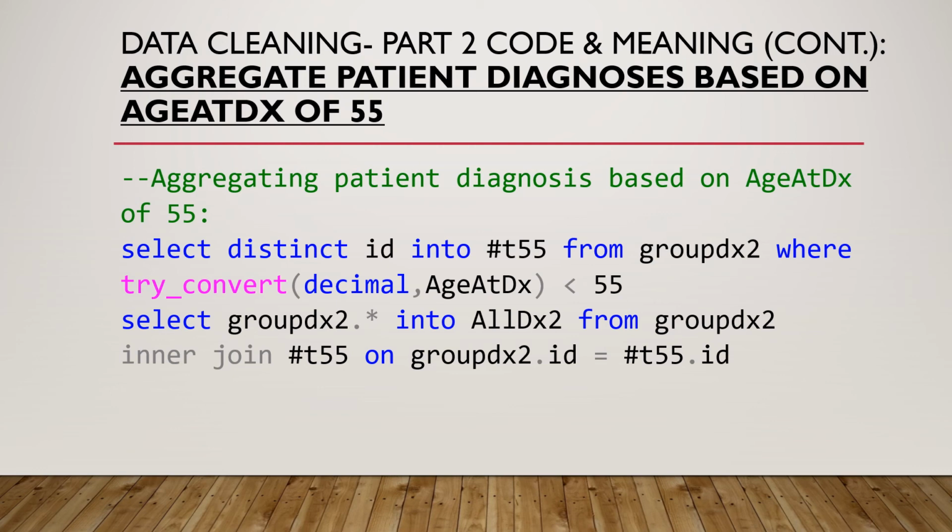Select all the columns in the group diagnosis 2 into all diagnosis 2 from group diagnosis 2 and inner join the temp table T55 on group diagnosis 2.id equals T55.id.